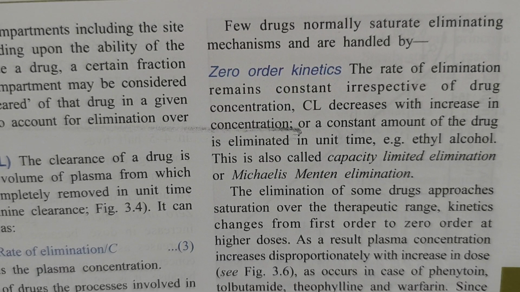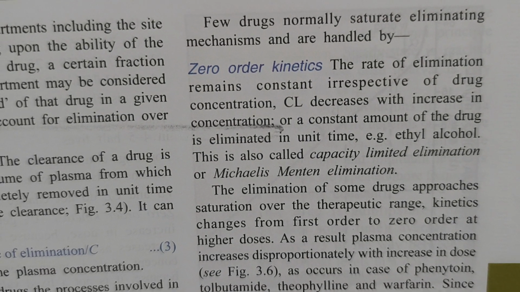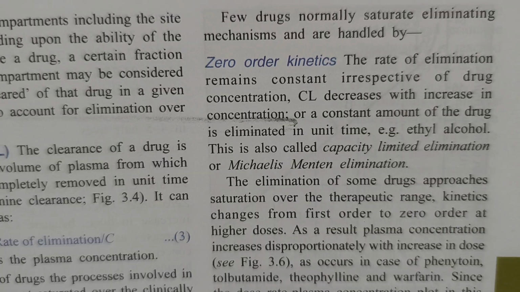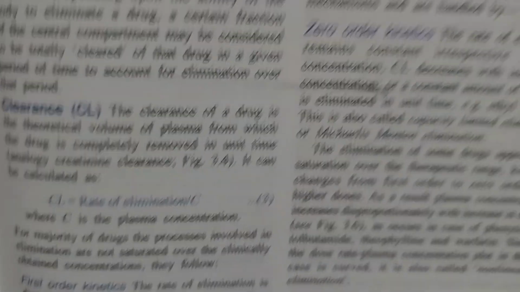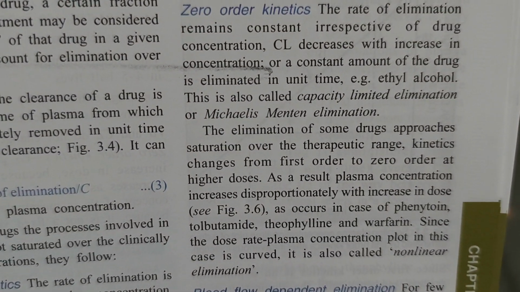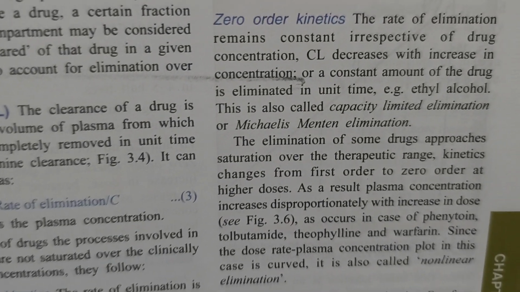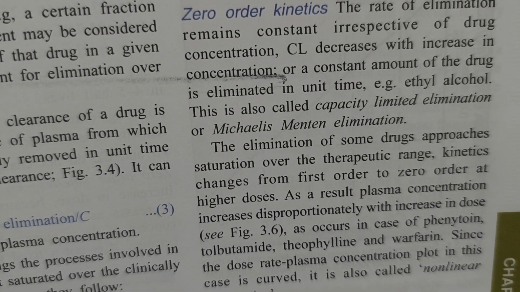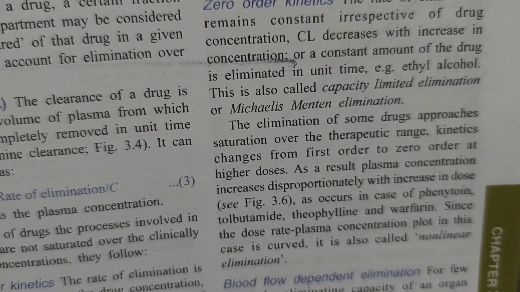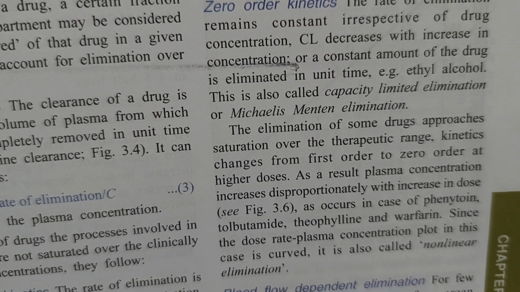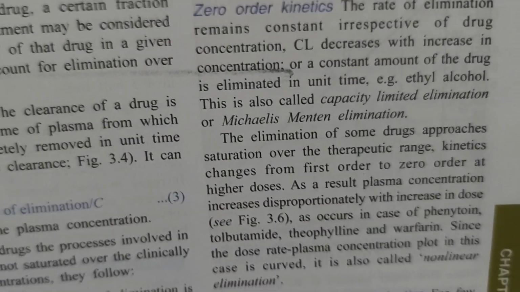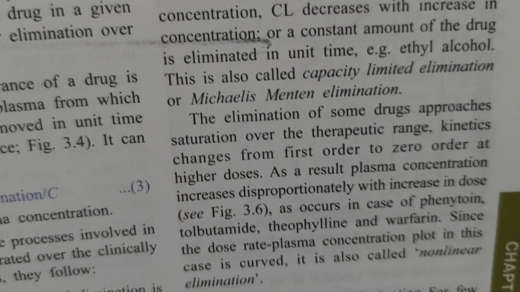However, a few drugs normally saturate. Eliminating mechanisms can hardly handle them. Zero order kinetics: the rate of elimination remains constant irrespective of the drug concentration. Clearance decreases with increase in the concentration, or a constant amount of drug is eliminated in unit time.